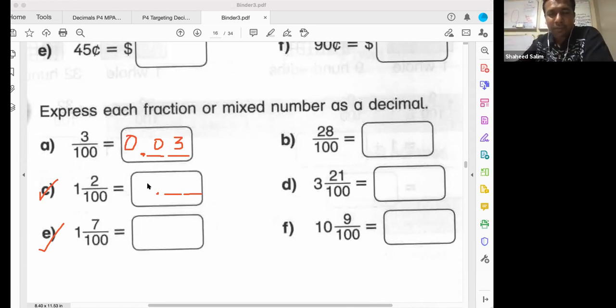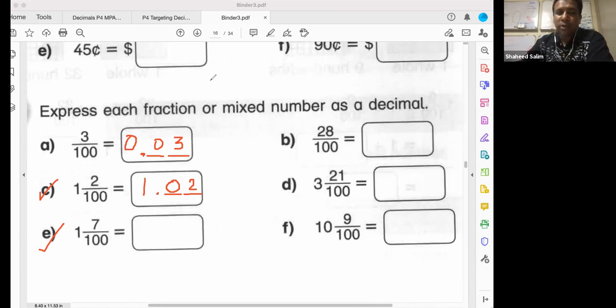Down here, what do we put, Amara? What number? 1. Good. Then where do we put the 2? Do we put the 2 here or here? There, correct. And then what do we put here? Put the 0.